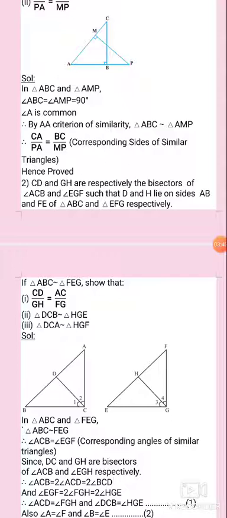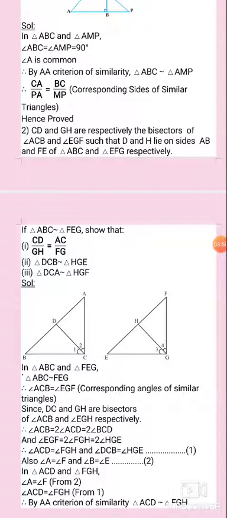And angle EGF is equal to twice angle FGH and twice angle HGE. Therefore, angle ACD is equal to angle FGH and angle DCB is equal to angle HGE. Put equation number 1.